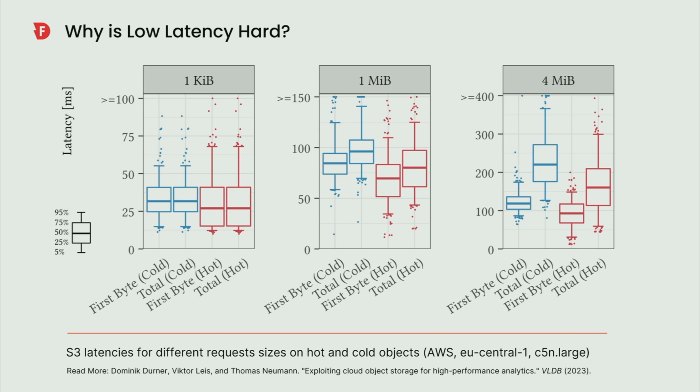As your files get bigger, you need to start reading the whole file as well, and it gets slower and slower. So at 1 megabyte, which is still not a lot of data, you're actually up to maybe like 100 milliseconds to read that file from object storage. For 4 megabytes, you can suddenly see hundreds of milliseconds of access time to just read a single object from object storage.